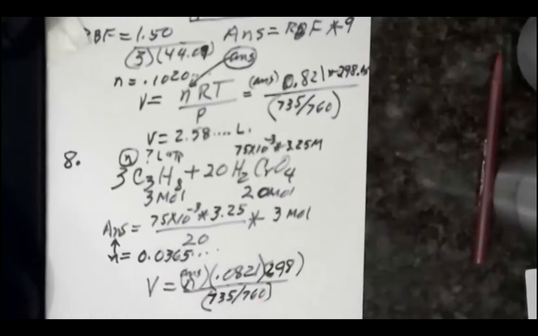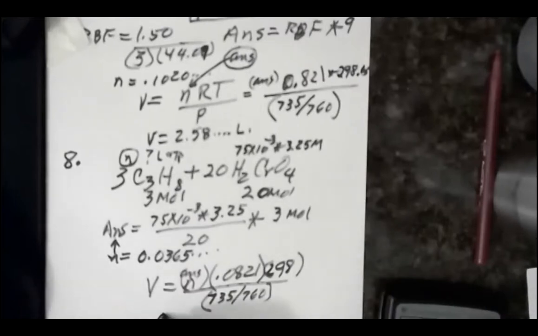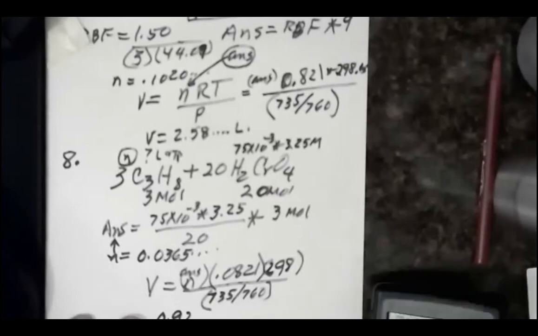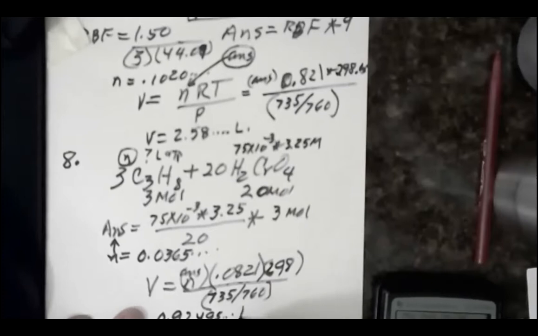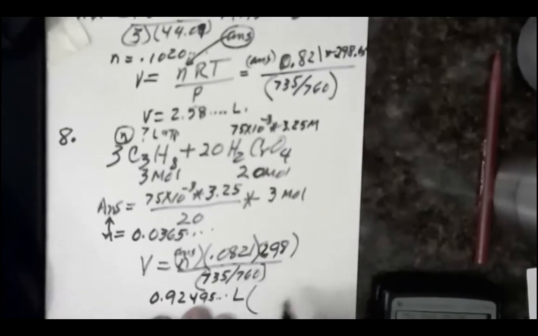So it's the same type of problem we had a while ago, really. So I've got my answer, times 0.0821 times 298 divided by, left parenthesis, 735 divided by 760, close the parenthesis. If you want to do it that way, be sure to put those parentheses in, okay? So I'm coming out with 0.92495, whole bunch of digits, liters, but I need my answer in milliliters.